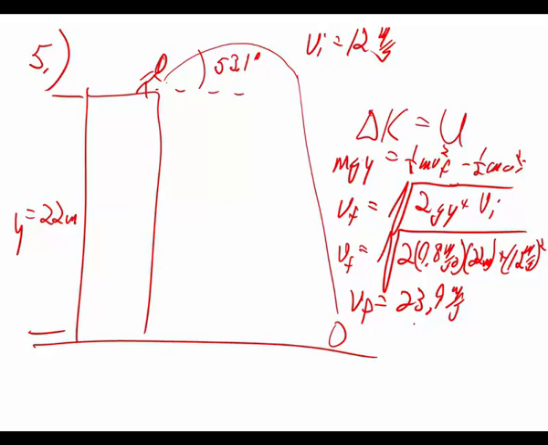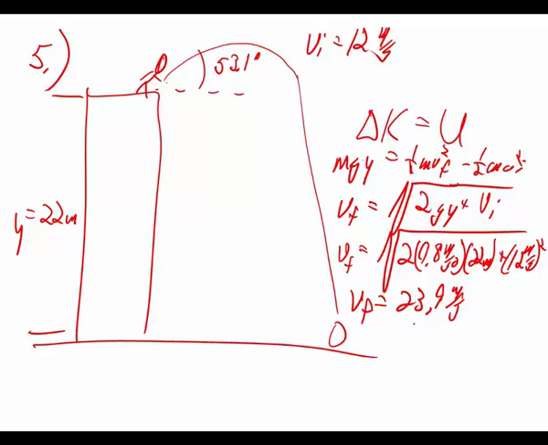Because look, remember what I said a minute ago. When you throw an object, once it leaves your hand, the only thing that's affecting it is what? We know air resistance, but we're negating air resistance here because it tells us to. The only thing affecting it is gravity. That's the only thing.